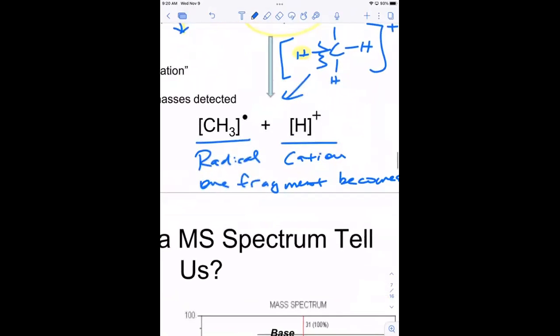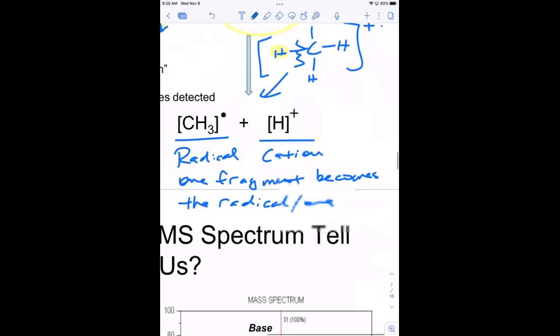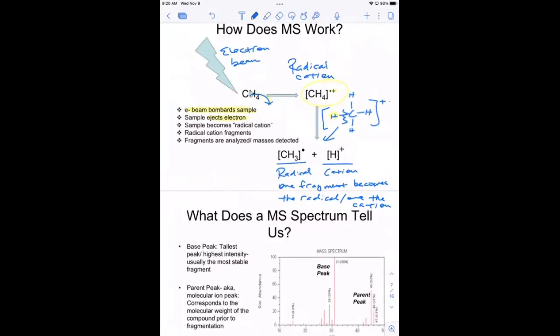So one fragment becomes the radical. I'll fix this before I post it. And then one becomes the cation. Right? That's what happens. That's the essence of it.